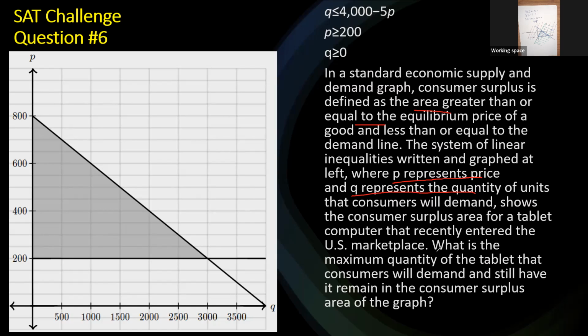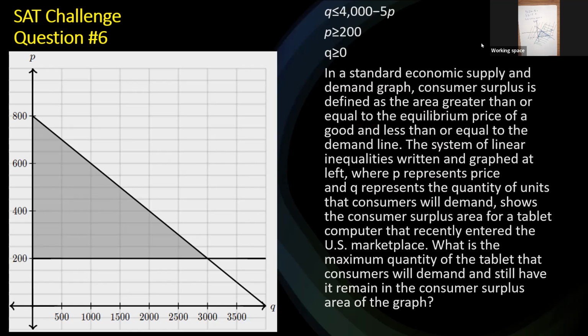Okay, question is, what is the maximum quantity of tablet that consumer will demand and still it will remain in consumer surplus area? So basically ये तीनों लाइन के intersection area में वो demand वाला point होना चाहिए is what I understand.